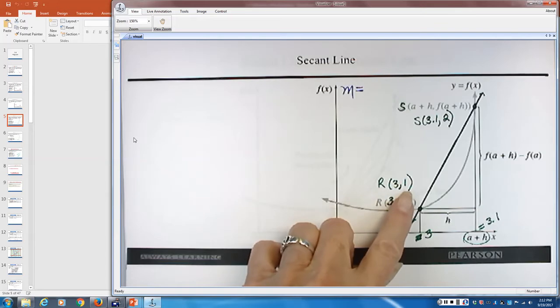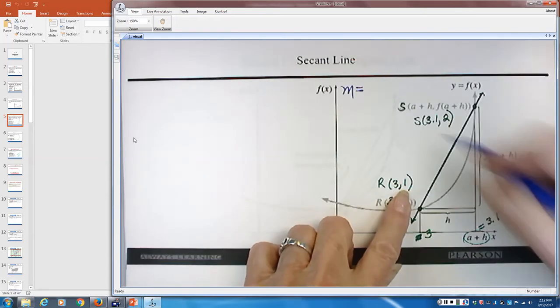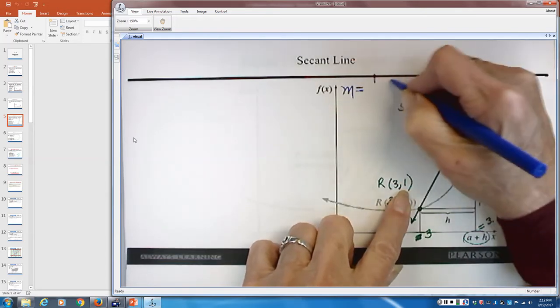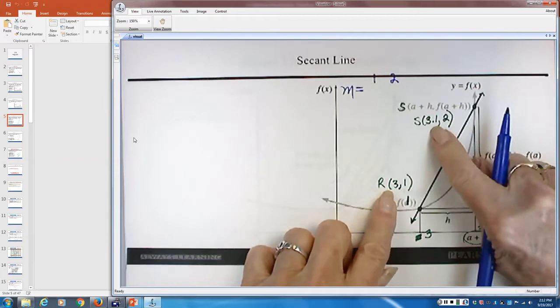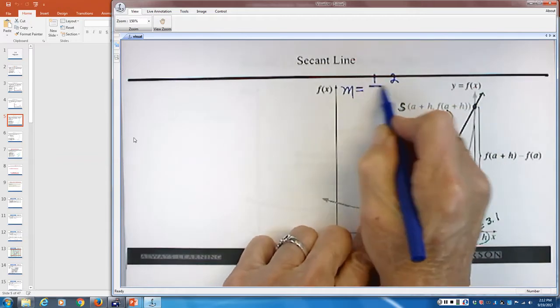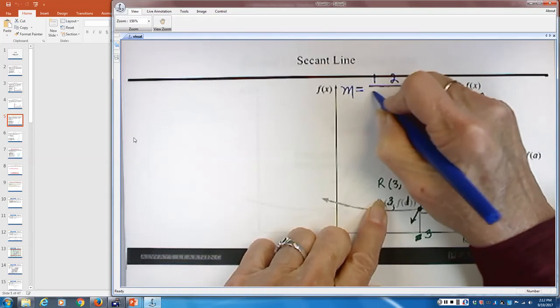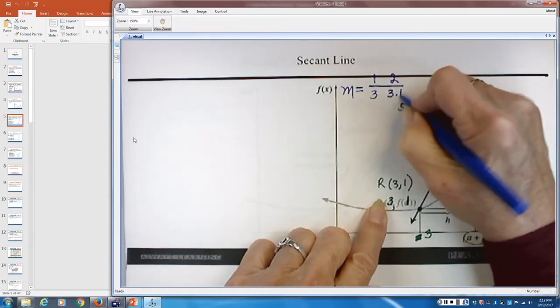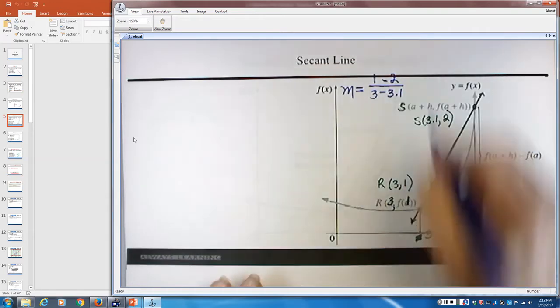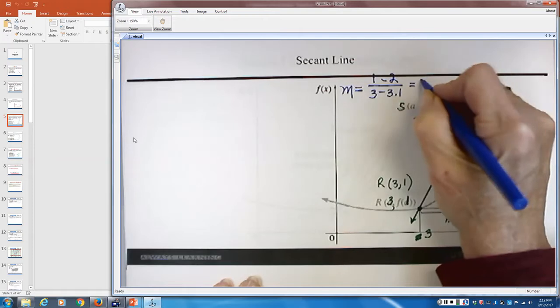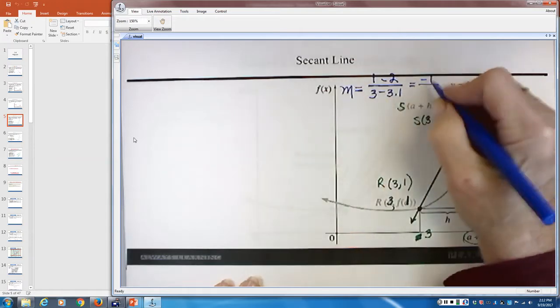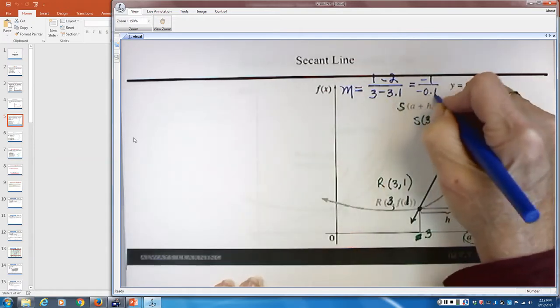Assuming that we did actually have numbers there, what is the slope of that secant line? Well, it's the y values on top and the x values on the bottom. So 1 minus 2 is negative 1, and 3 minus 3.1 is negative 0.1.